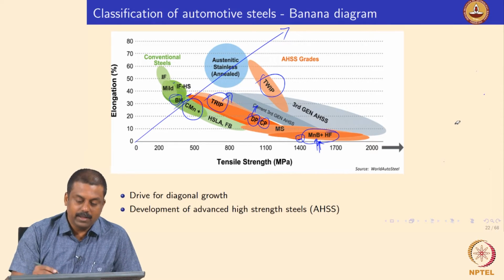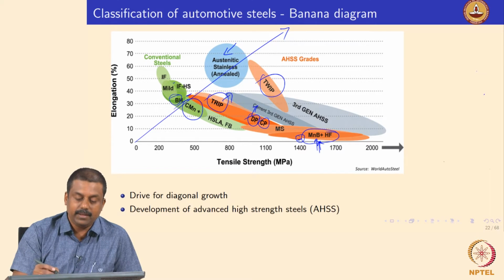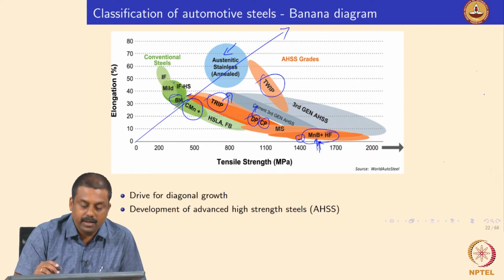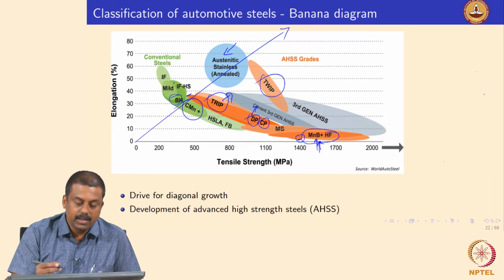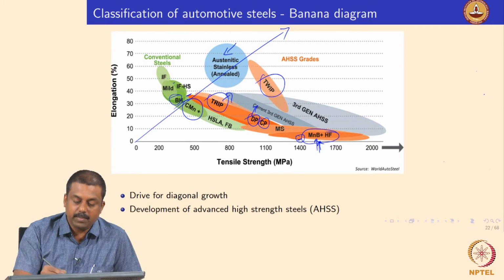Apart from that, some of the steels like fully austenitic and annealed steels are very expensive in terms of alloying elements, because in order to form a complete austenitic microstructure, you may need to add nickel and chromium. So we are not going to really look in detail at the austenitic stainless steels. And again, as I explained, TWIP steels are now under development.